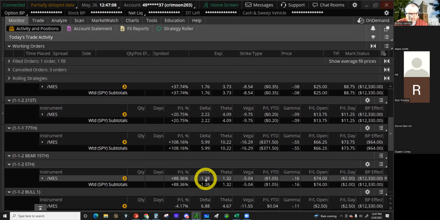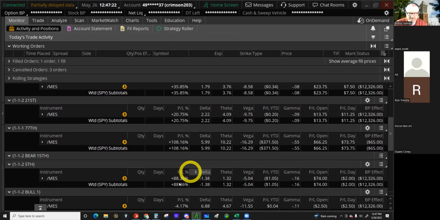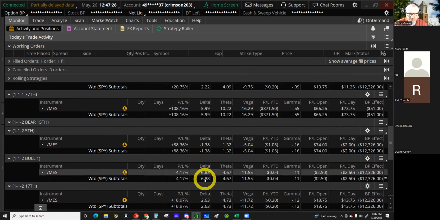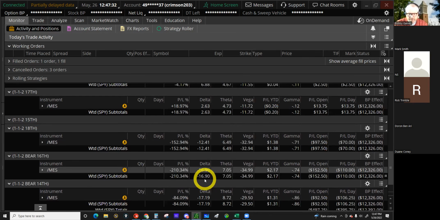Here's a negative delta trade, a 112 fifth that is up $74 that would allow me to get rid of 0.138 deltas. How many expiration days is this? It's got 35 days. So this is a potential as well, taking this off, because I could get rid of my negative delta there. So let's just kind of look. There's negative delta, but it's a loser. I don't want to take a loser.